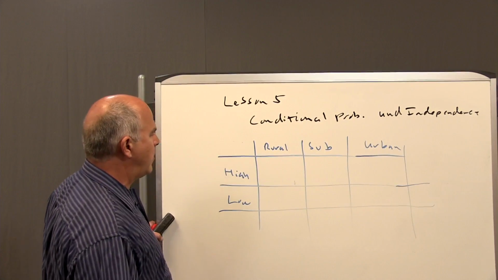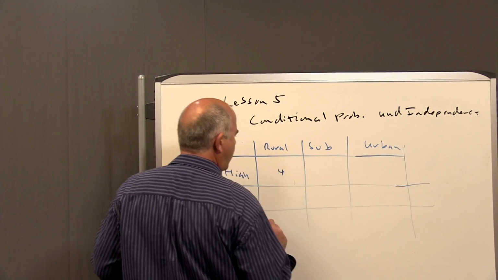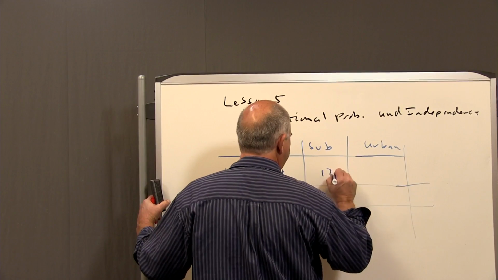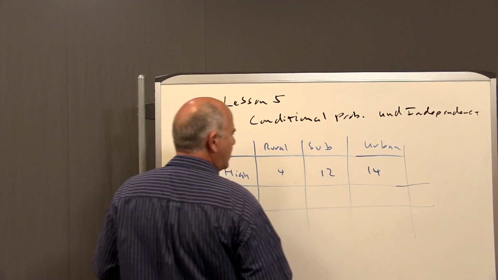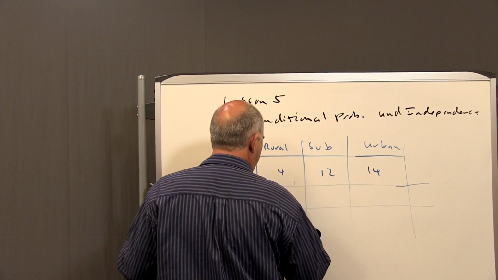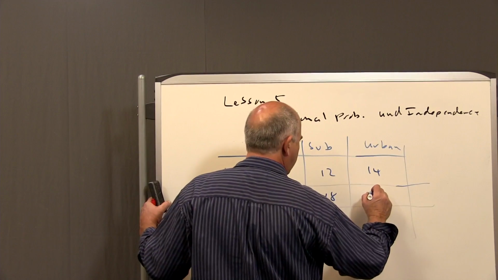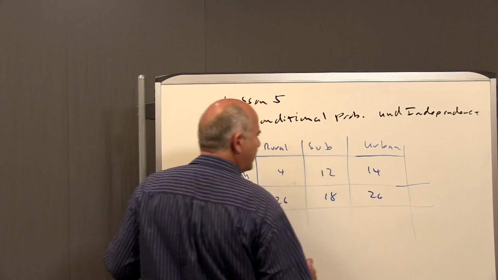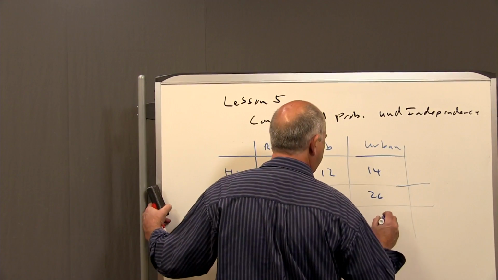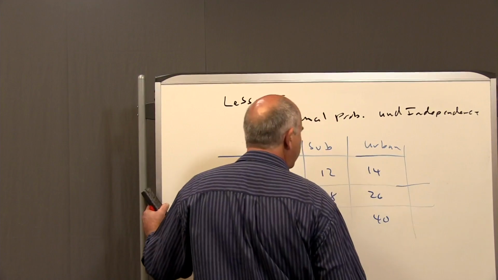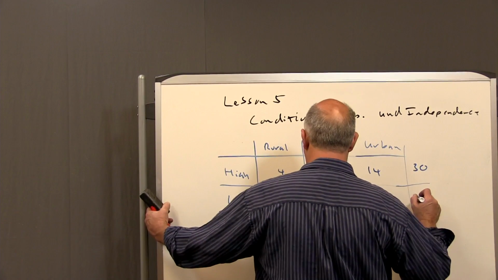So you go out and you interview a whole bunch of people. Let's just see what our total is, and you found 4 rural families with high income and 12 suburban families with high income, and let's see, I guess we'll go with 14 urban families with high income, and the low income bracket 26 rural families with low income, and 18 suburban, and say 26 again urban, for a total of 30 rural families and 30 suburban families and 40 urban families, in a total of 30 high income, and, oh, I came up with 100, how nice.